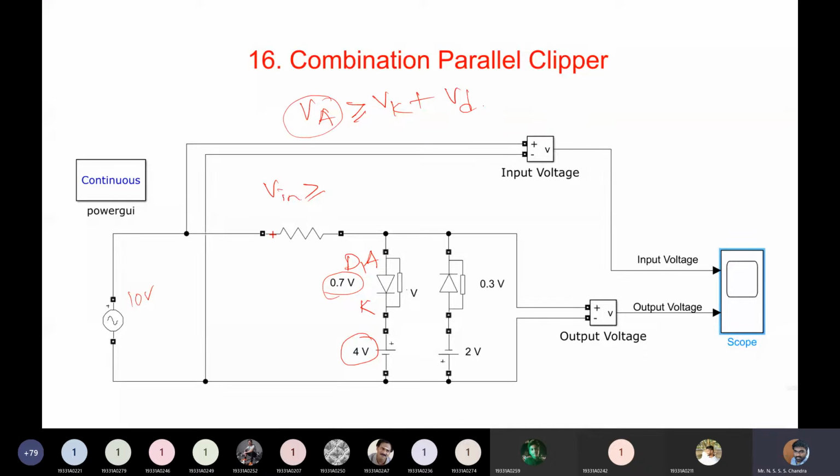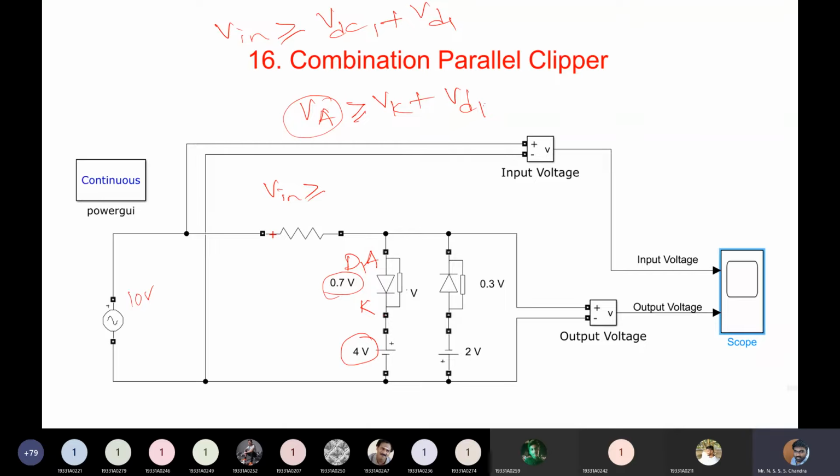VA is the supply voltage VIN. So VIN should be greater than or equal to VK, which is at the terminal K. I have a positive voltage, here I have plus 4 volts, the DC voltage VDC1, plus VD. This is diode 1, so I will write it as VD1. This is the condition for diode 1.